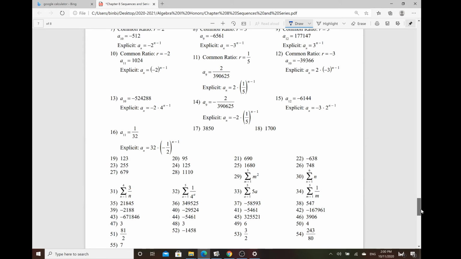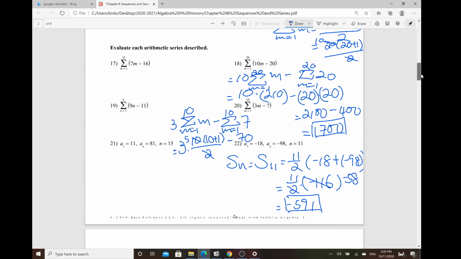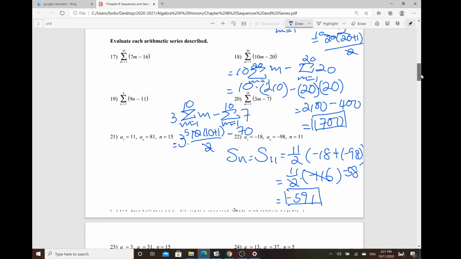Wait, it's actually negative 638. Let's see what went wrong here. We're looking for the sum of this arithmetic series. We have a sub 1, a sub n, and n equals 11.